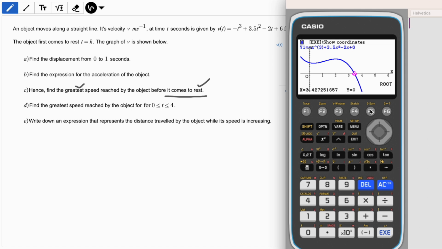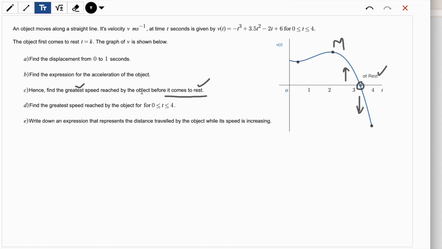So you just find the maxima from here. Click on maxima and here you go. It is at x equals 2, y equals 8, which means at t equals 2, the velocity is 8 meters per second, right? That's what you can easily calculate from GDC.